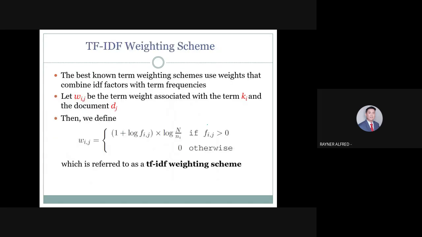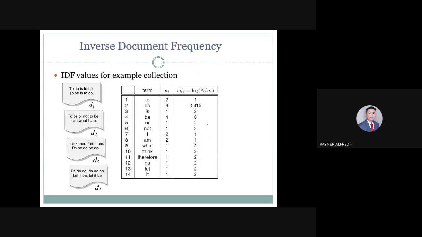Let me show you here. The IDF for B will be 0, because we have 4 documents and 4 documents that contain B, so this is equal to 0.